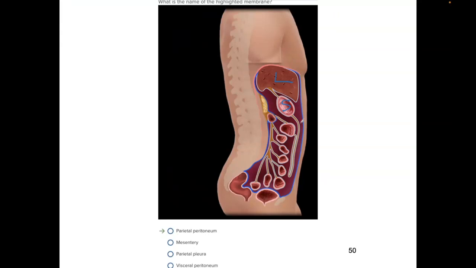So all of this blue, this is lining the body cavity. So that's the parietal peritoneum. Parietal peritoneum. If it was the visceral peritoneum, then I'd be outlining just this, the liver itself. Okay. All right, that's the end.